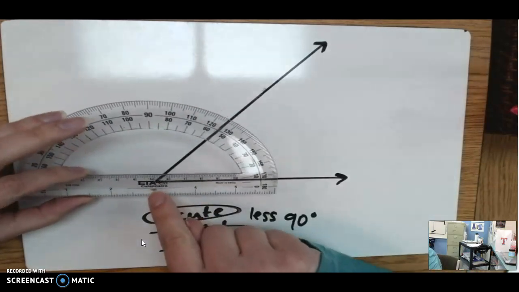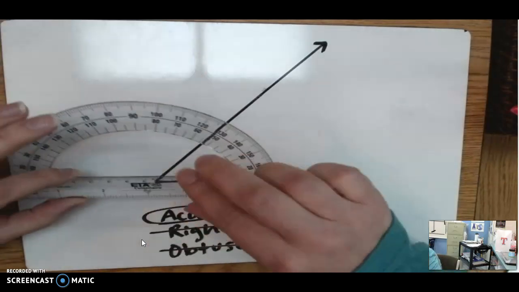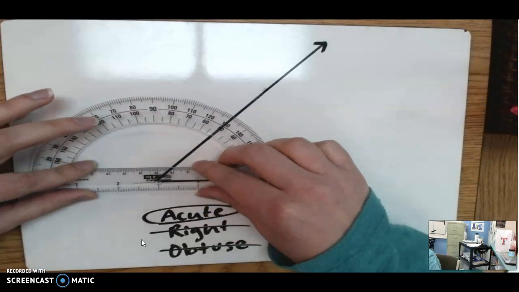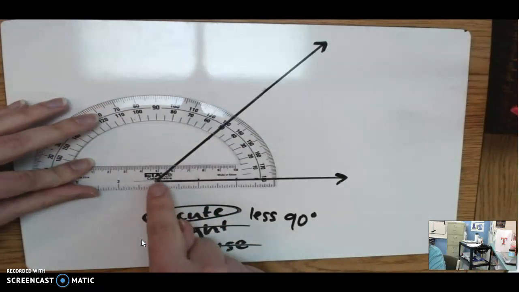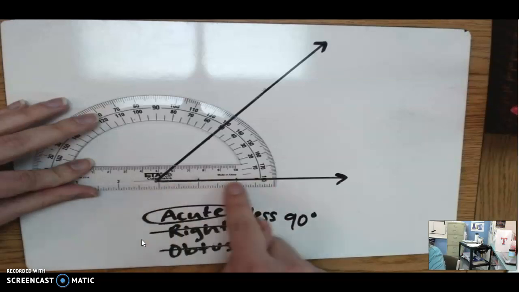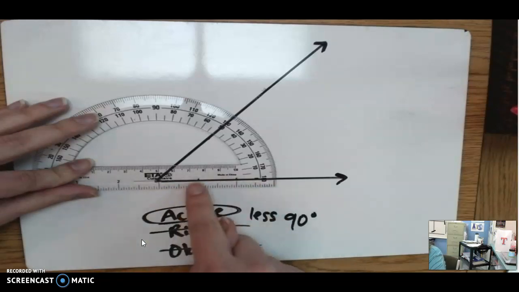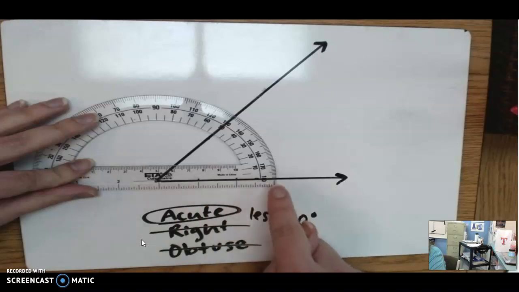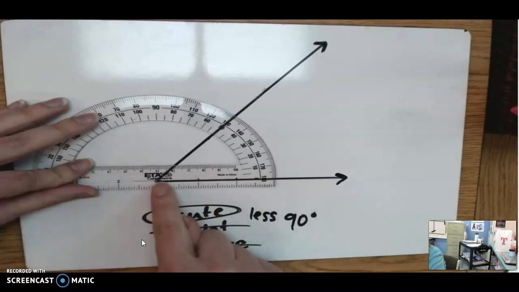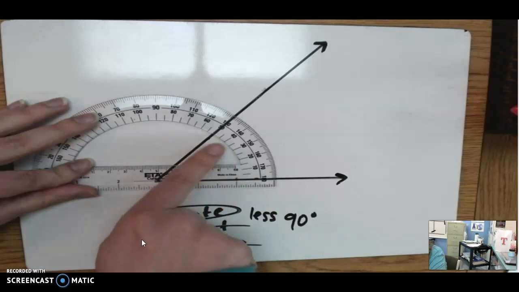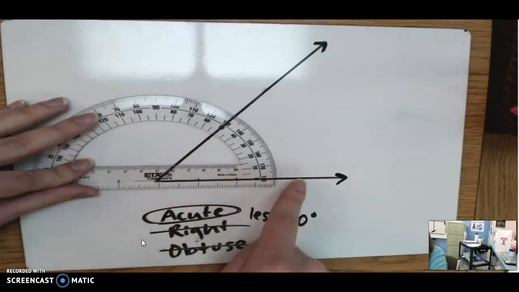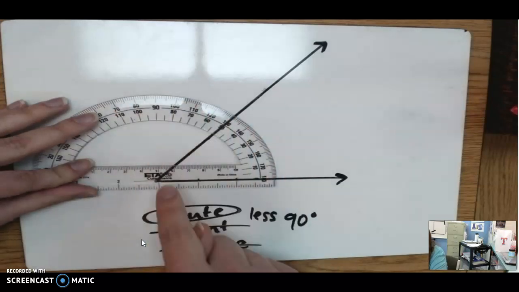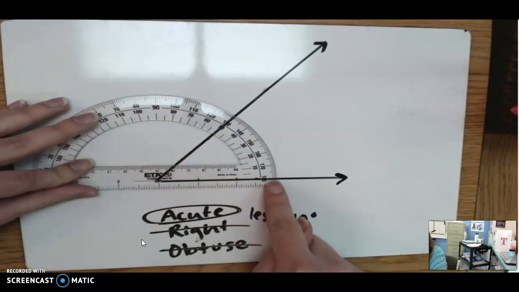So here I put the center dot right on the vertex, and I still am going to line this line up with 0. This time, look, it's on the right hand side. So the 0 is now on the inside number line of our protractor. I'm not going to be using the outside number line because look, that's way over here at 180.